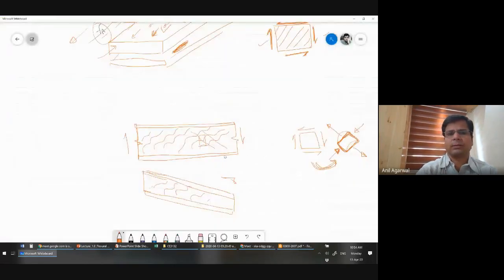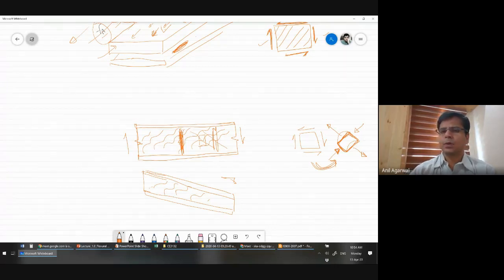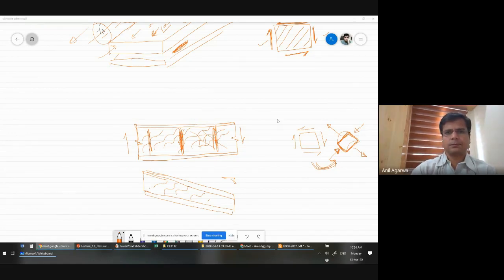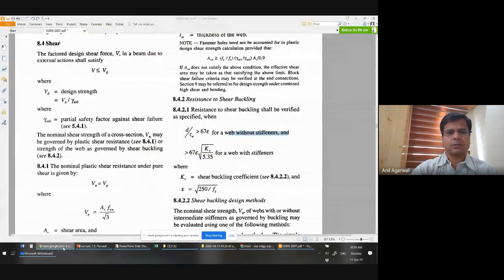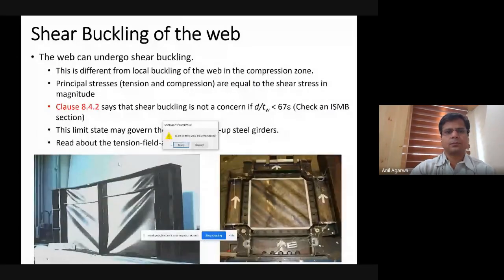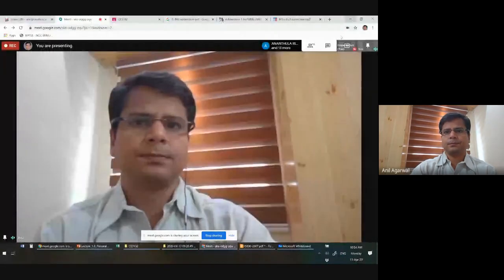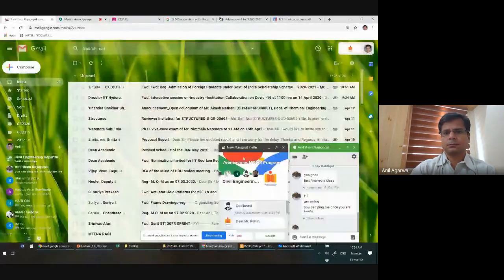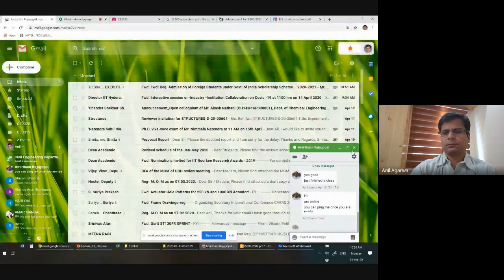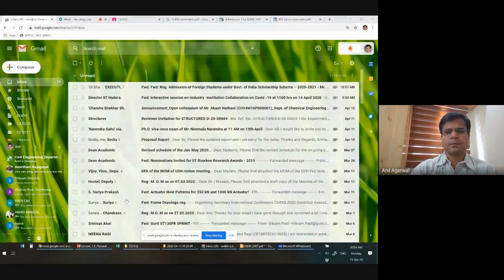If the web has stiffeners, I've not talked about stiffeners yet. What you may have is some kind of angles welded or bolted to the web at regular intervals, some kind of stiffeners, different members welded to the web.